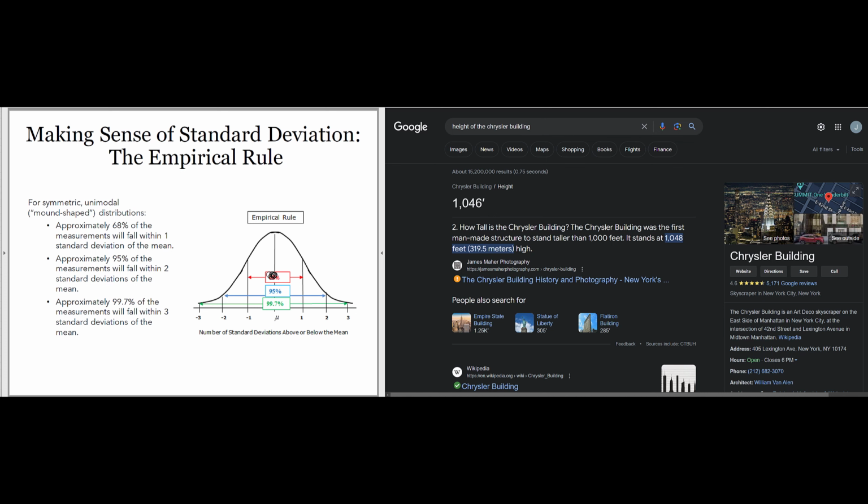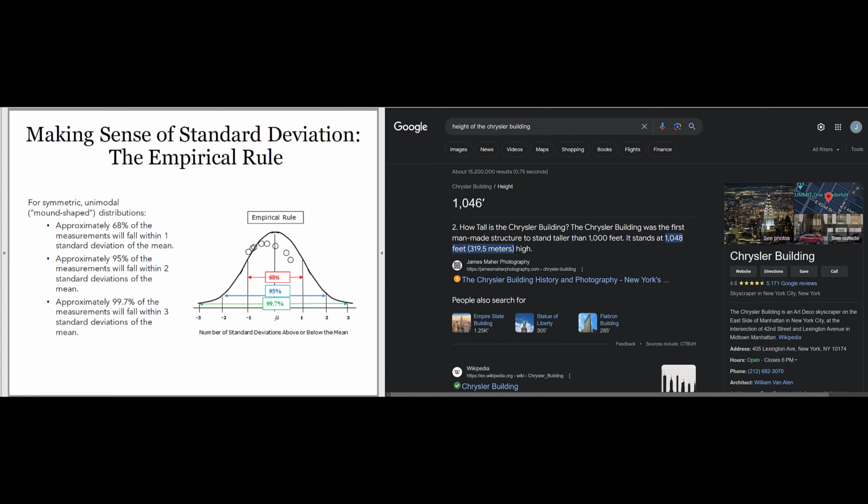Roughly 2/3, in other words, of the values that you measure will fall within 1 standard deviation of the mean. 95% will fall within approximately 2 standard deviations. And 99.7% will fall within roughly plus or minus 3 standard deviations.